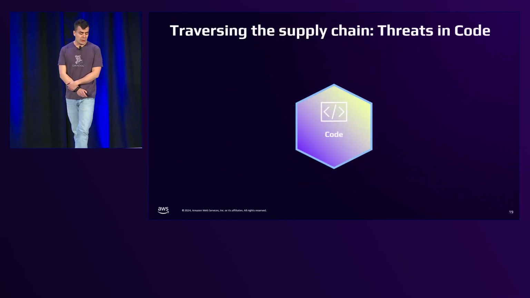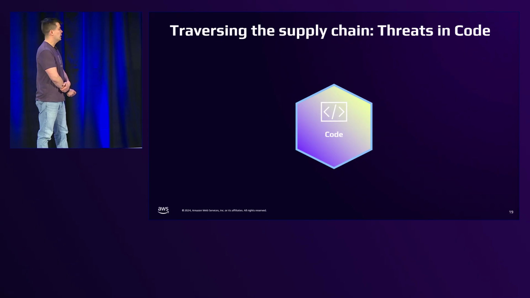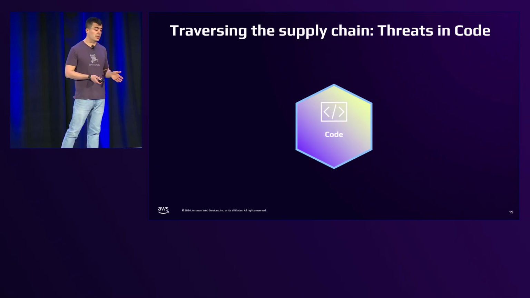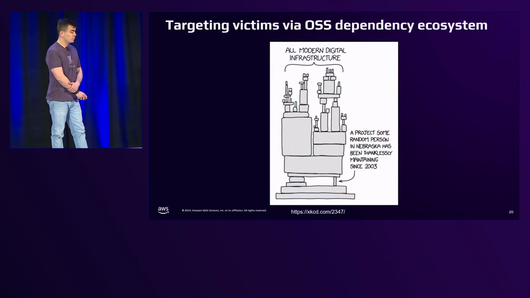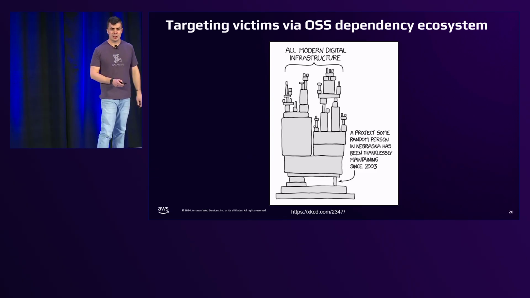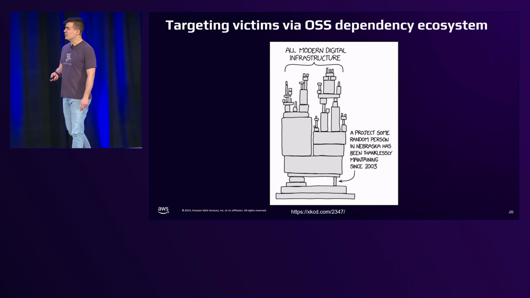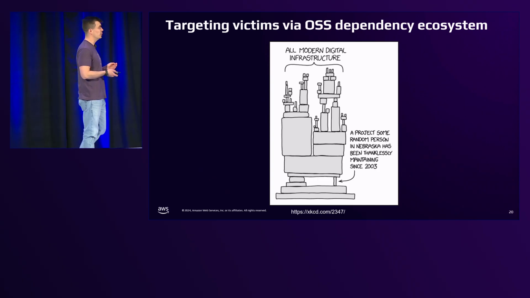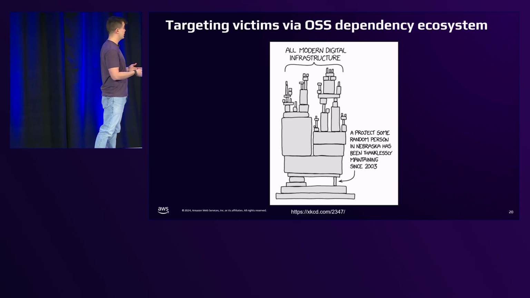So we talked about the code, runtime, and cloud, and how malware and vulnerabilities and threats kind of move throughout it. So I'm going to take you along a journey here to look at all the different things that we see throughout these three different scenarios. I like to think about this XKCD comic a lot when I do research on supply chain. For those that haven't seen it, the basic premise behind it is it's a really good visual representation of what a lot of the software ecosystems we deal with in the open source are constructed.